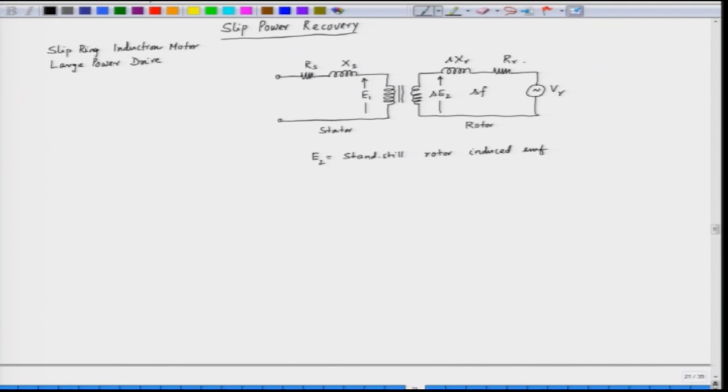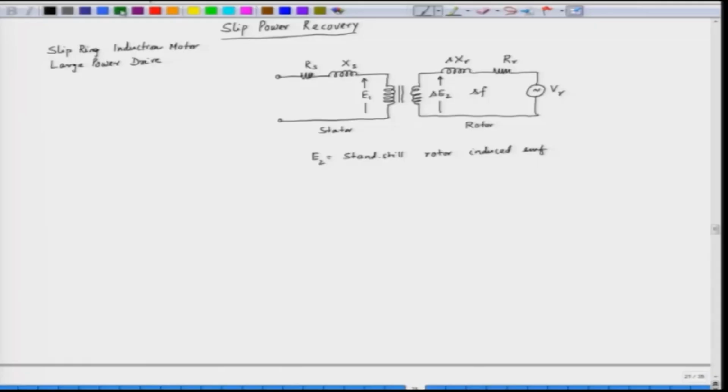Now, in this case, let us see the flow of power from stator to the rotor. To the stator we are supplying the electrical power, some part is wasted in the stator and some part is crossing from stator to rotor, that is called the air gap power, and from the air gap power a part is converted into mechanical power and the remaining is recovered by the source.